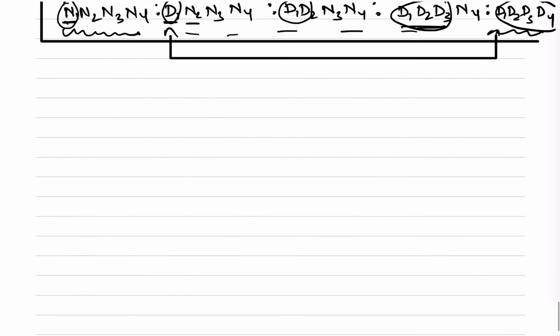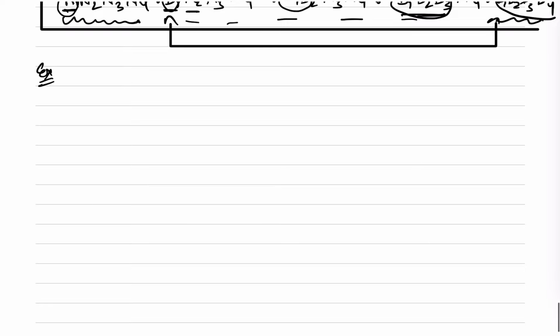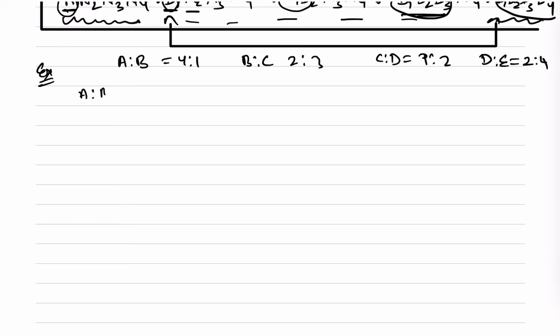Are you understanding it? Let's take one question here. Let's say a is to b is 4 is to 1, b is to c is 2 is to 3, c is to d is 1 is to 2, d is to e is, let's say, 2 is to 4. Okay, so I need to find a is to b is to c is to d is to e.